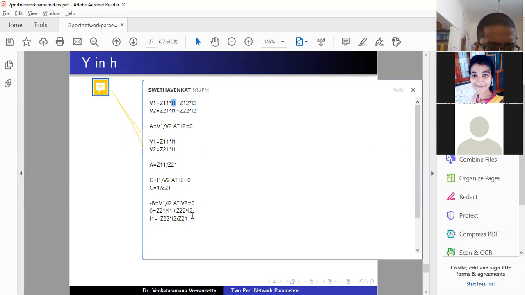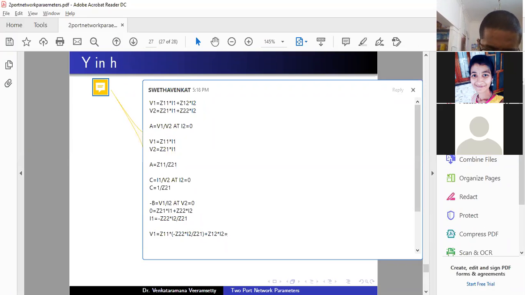So now the first equation becomes V1 equal to Z11 multiplied by I1, and I1 will be taken from here, plus Z12 multiplied by I2. Now take I2 common.